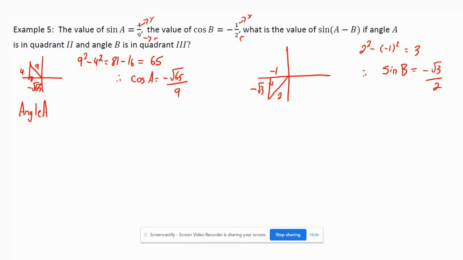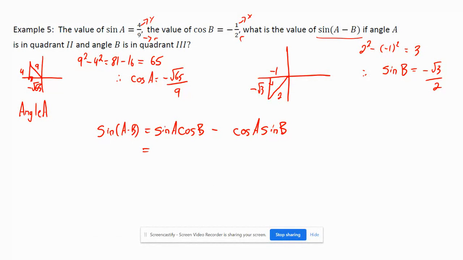Okay. And what we're asked for is sine A minus B. Sine A minus B equals sine A cos B minus cos A sine B. And this is off our sine A minus B formula on our formula sheet. And we have values for sine A, sine B, cos A, cos B now.